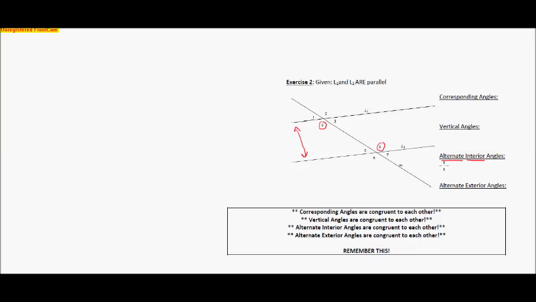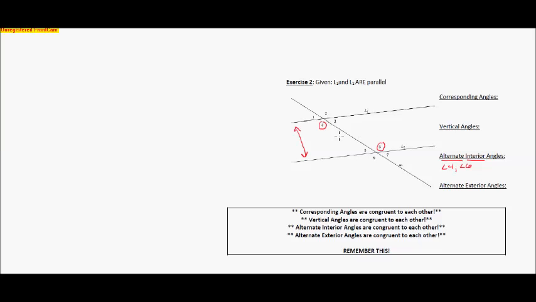And so that means angle 4 and angle 6 are a pair of alternate interior angles. If you notice my little list down here, it says that alternate interior angles are congruent, as long as these lines are parallel.